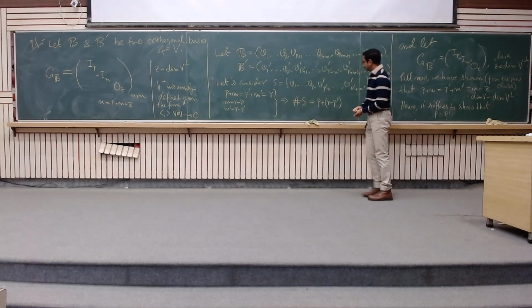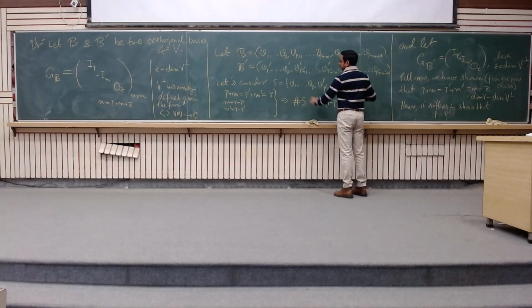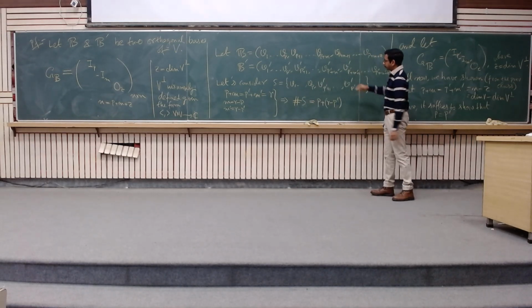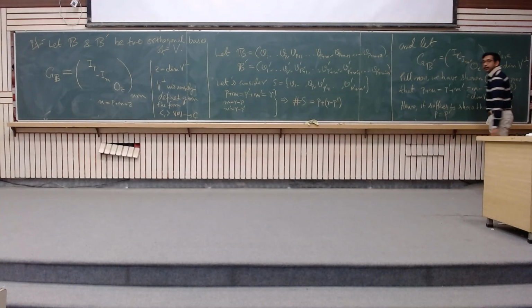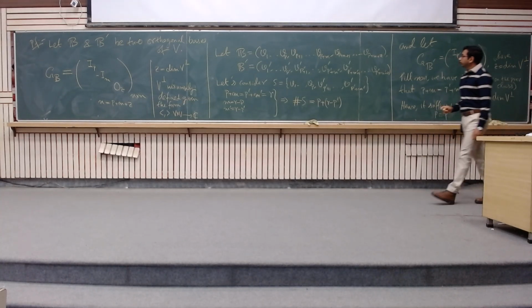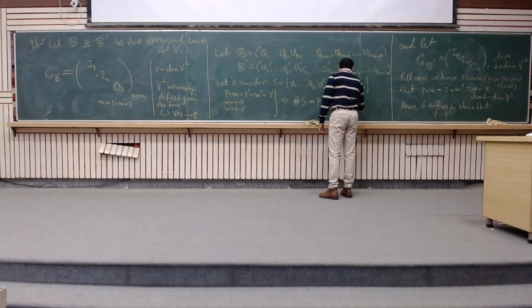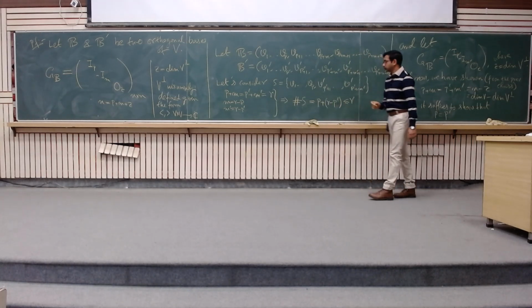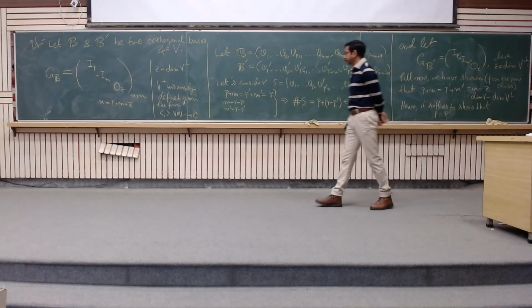Okay. And then note that this set of vectors is not in v perp, right? So the claim is that then this is less than or equal to r. Is that true? Why?